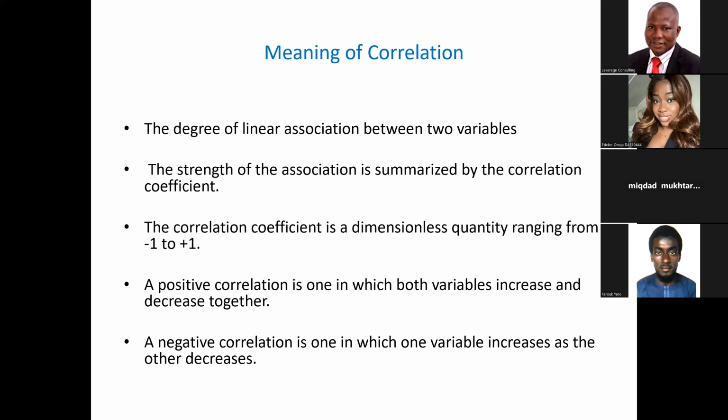So for every unit increase in temperature, the pressure will go up. If you begin to reduce the temperature, the pressure will begin to come down also. So both move in the same direction. That is direct proportion, as you remember from mathematics. As one increases, the other one increases. So that is what we call positive correlation here.